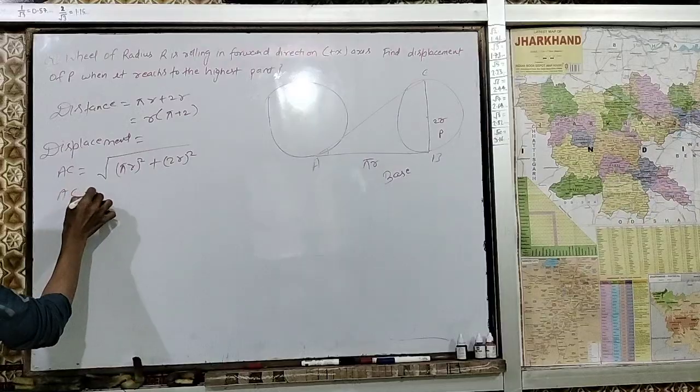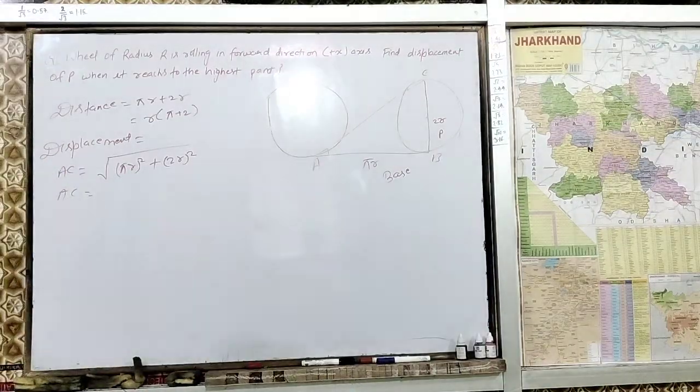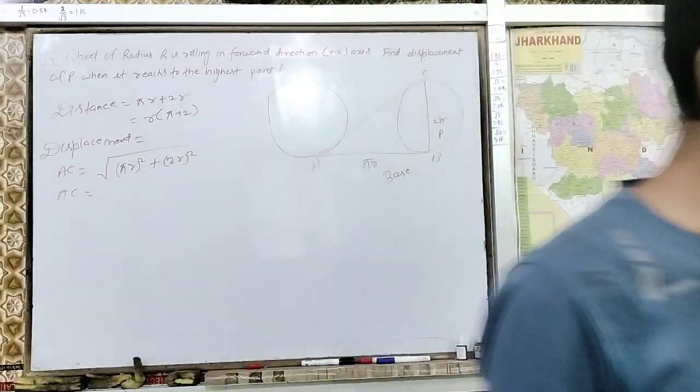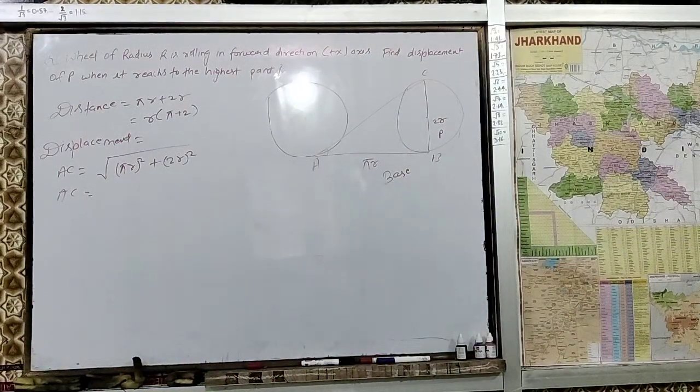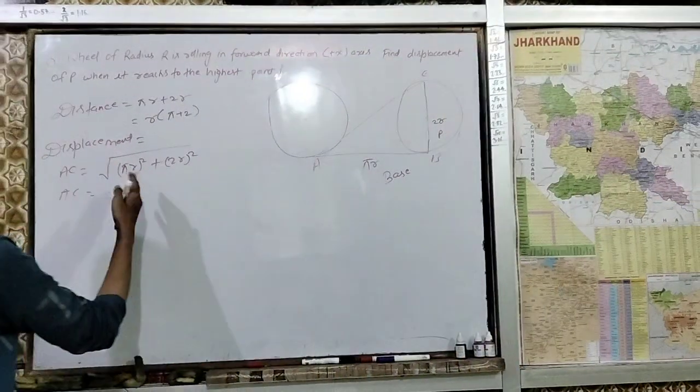So AC is equal to, this is nothing but pi r square, it will be as it is. 2r square will be as it is. So what is common in both terms?